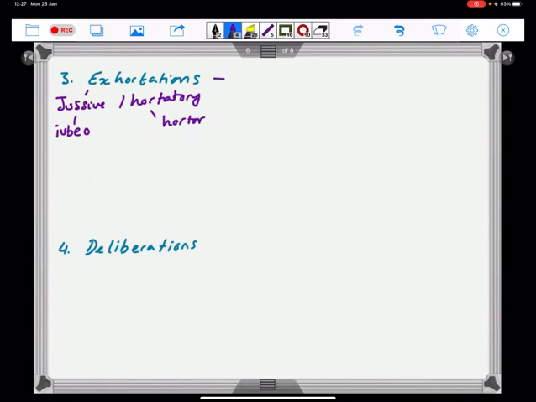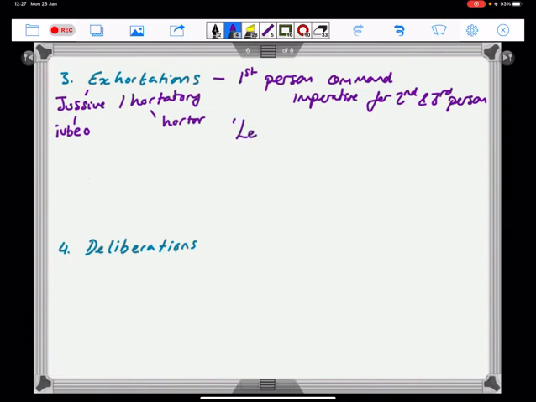As a summary, they are a first-person command, because Greek can use its imperative for second and third person. But how do we say let's go or let me think? Greek doesn't have an imperative for doing that. In English, it's therefore the equivalent of let me or let us.